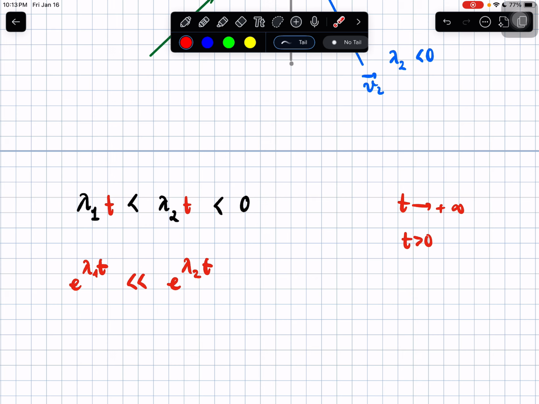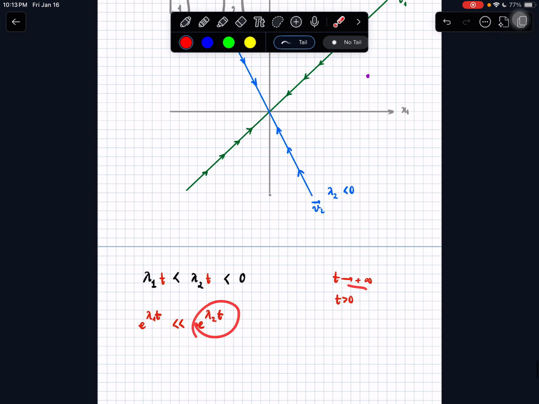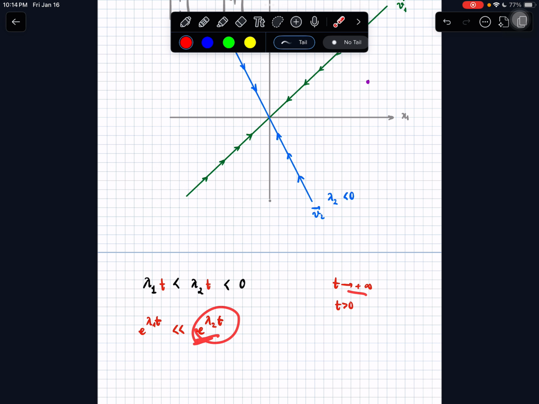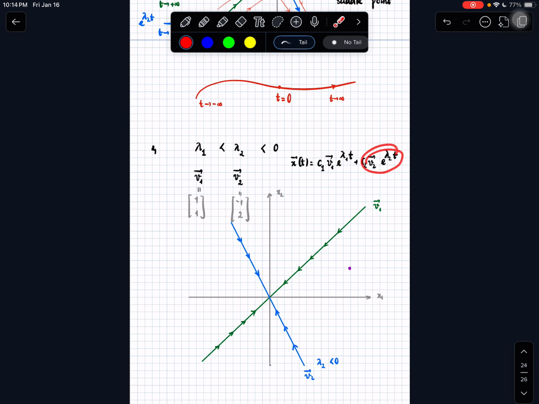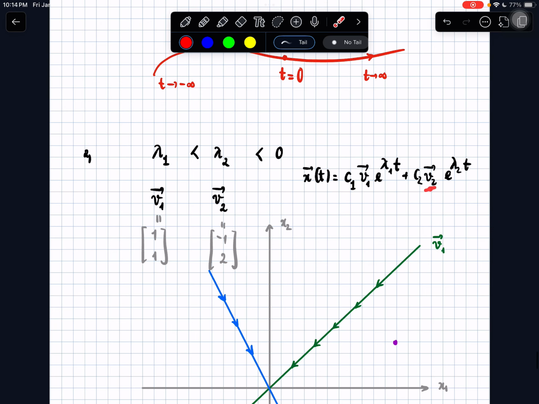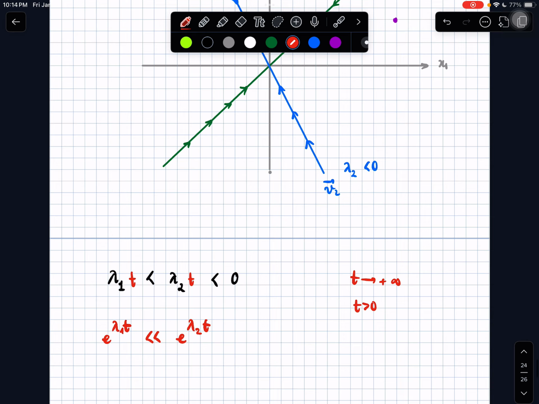This one decays so fast, this one is bigger. So when t tends to plus infinity, the one corresponding to e to the lambda 2 t will dominate. The one corresponding to e to the lambda 2 t is v2. So it follows v2, follow the blue one.